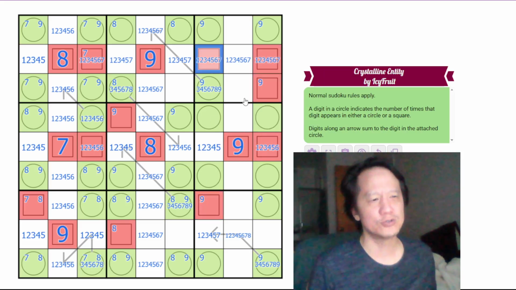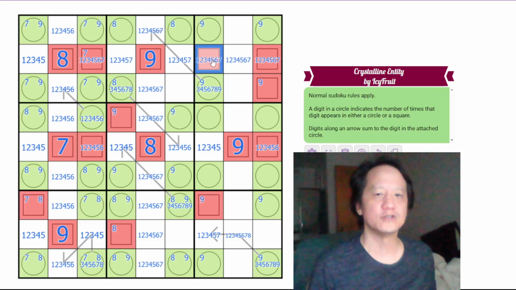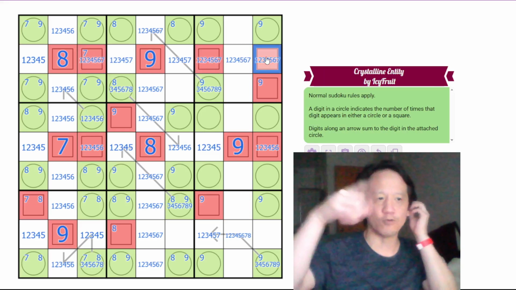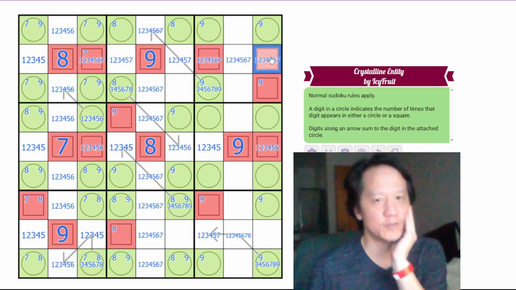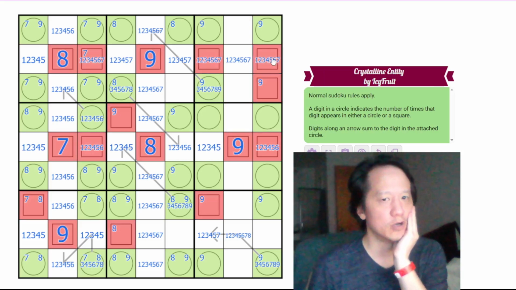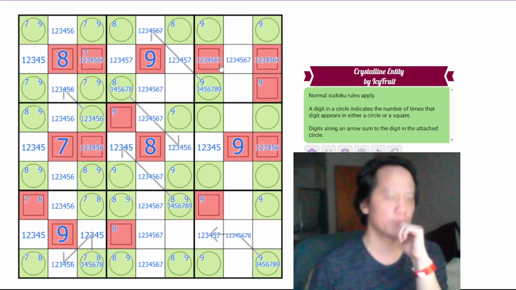Actually, maybe 2 6 does. No, because you can't have... The reason why 1 6 was working here is you cannot have 3 1 6s here, right? You can't account for all 10 squares. One of them is going to be a different digit.